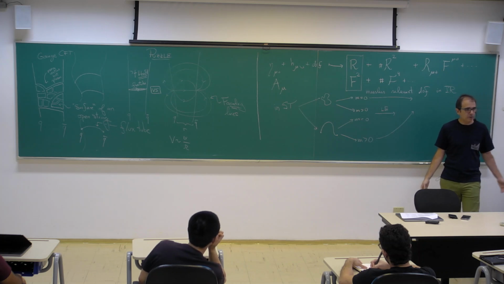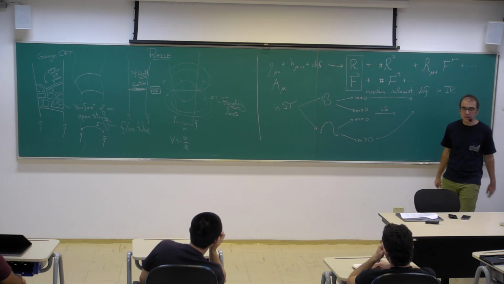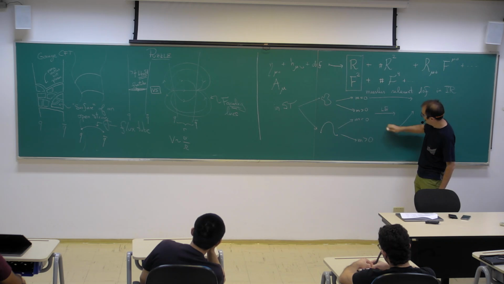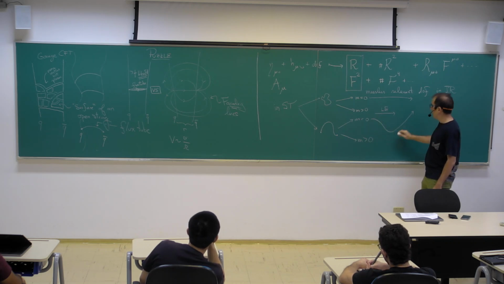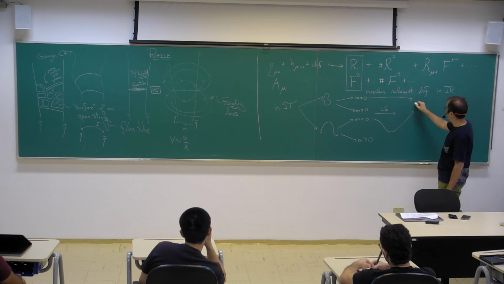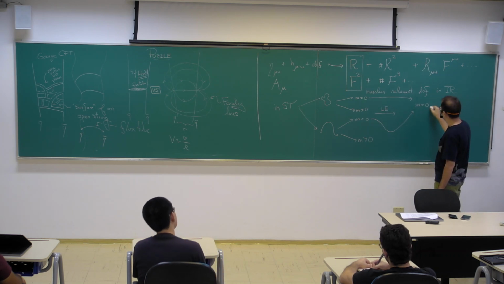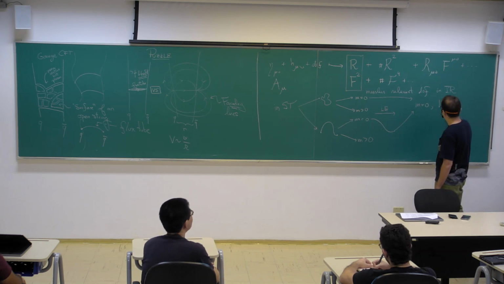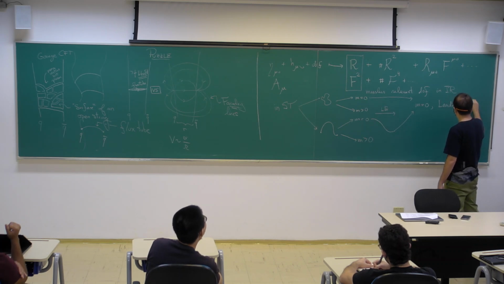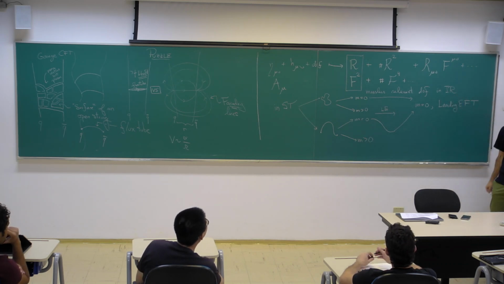No one cares about massive stuff, that decays exponentially. So we keep m equals 0, and we keep the leading EFT that describes these massless degrees of freedom.